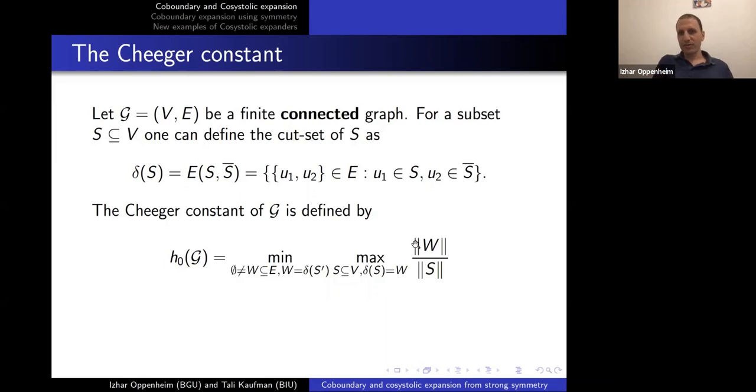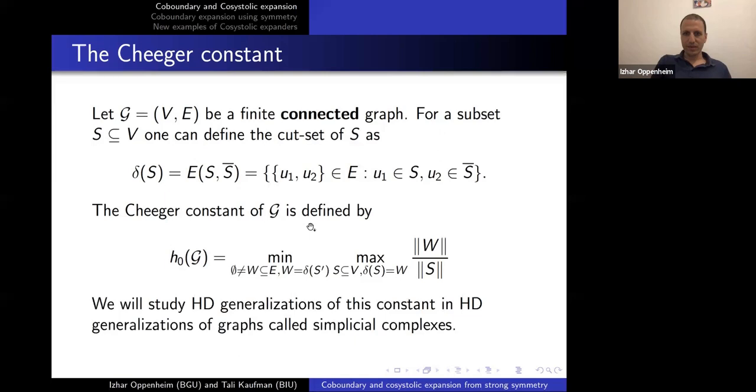So if you assume the graph is connected, this is the usual definition. What we will study is a high-dimensional generalization of this constant for high-dimensional generalizations of graphs, which are simplicial complexes.